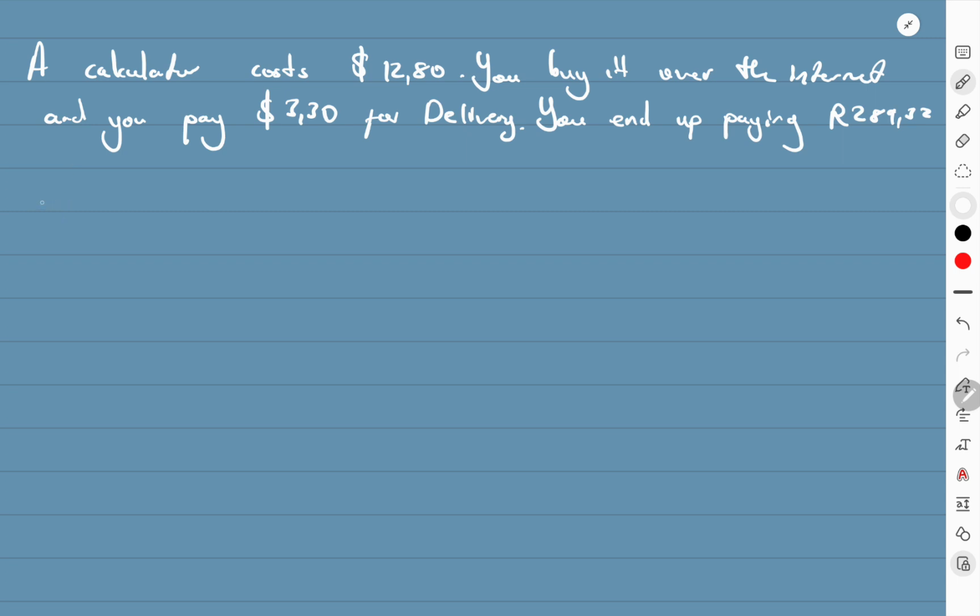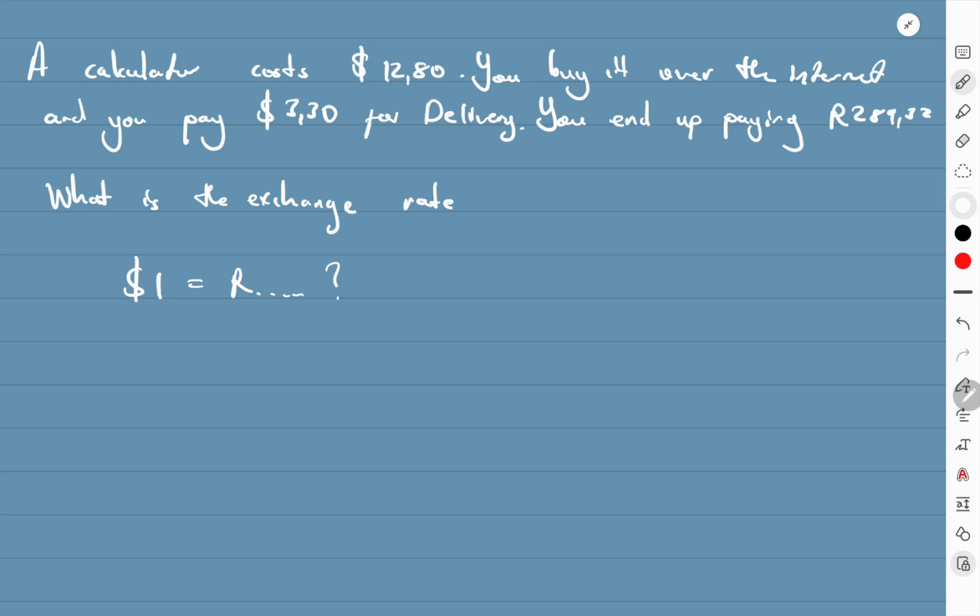The question asks, what is the exchange rate? That is, $1 is the same as how many rands? That is the question.